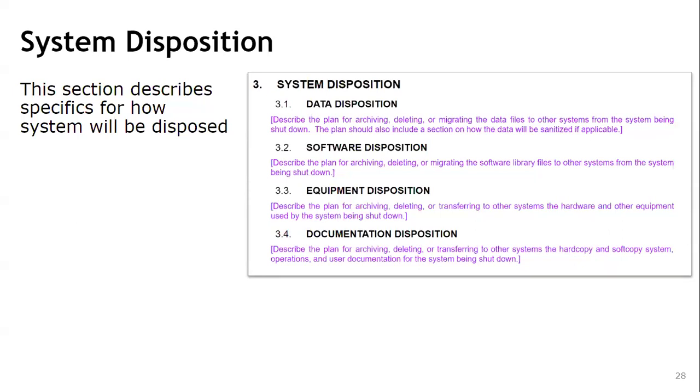And the other one, software disposition: describe the plan for archiving, deleting, and migrating the software library files to other systems from the system being shut down. Yeah, so we have to do that.